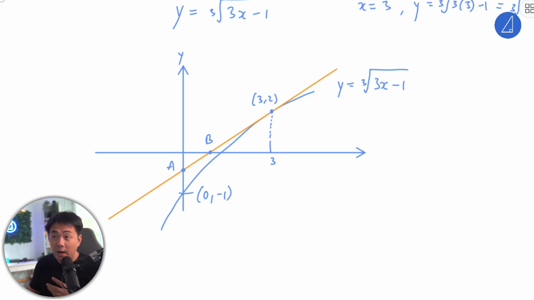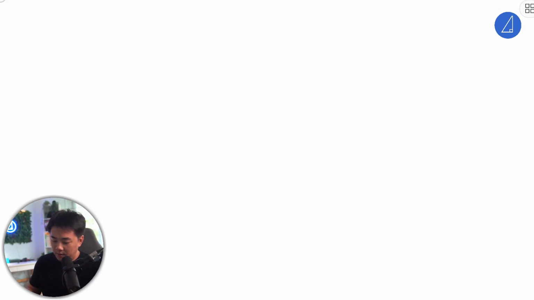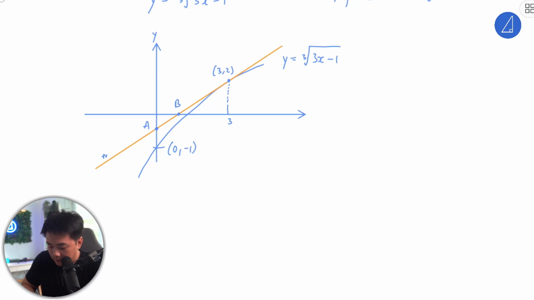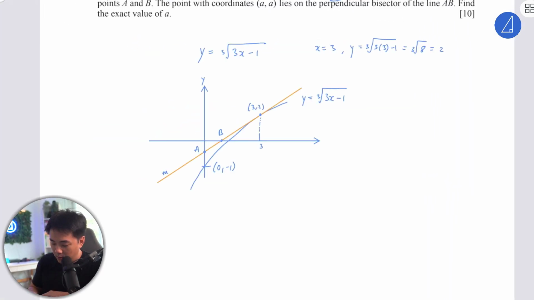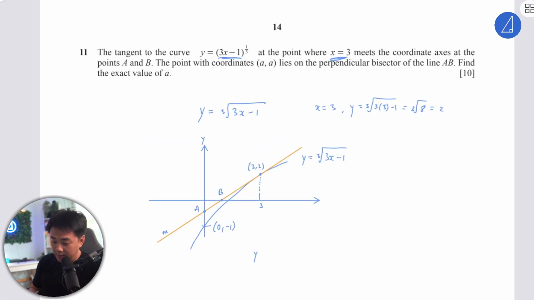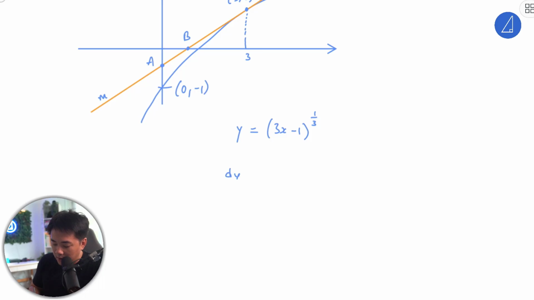They didn't specify whether A and B is the x-intercept or y-intercept. I'm just going to let it be A and B as such. So we're just going to find the tangent gradient, M tangent. M tangent would be just dy/dx, right? So when y equals (3x minus 1) to the power of a third, then dy/dx using chain rule. Chain rule means we have an outer layer and then the inner layer.